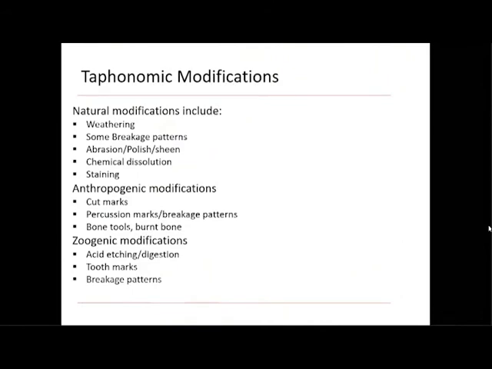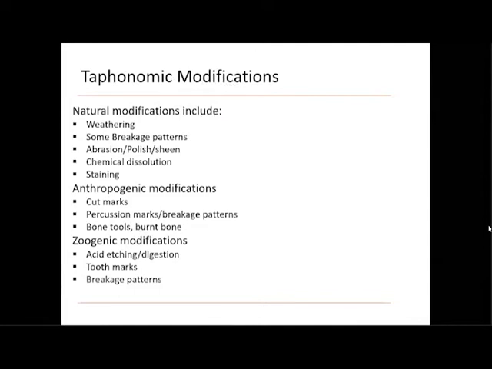So the different types of modifications are natural, anthropogenic, and zoogenic. Natural modifications refer to modifications imposed on the bone from the natural elements of nature. Anthropogenic refers to human or hominin modifications of the bone, and zoogenic is modifications impressed on the bone by other animals.